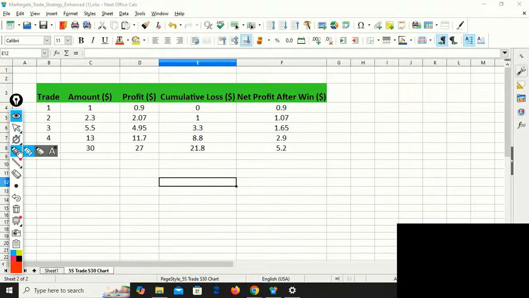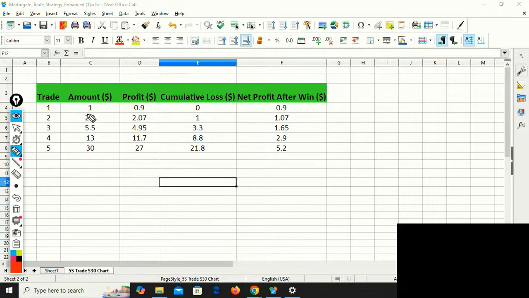We set up a 5 trades cycle. So these are the 5 trade amounts. This is your first trade. If it's a win, this is the net profit you will make. As long as you are winning, you stick to the first trade amount.